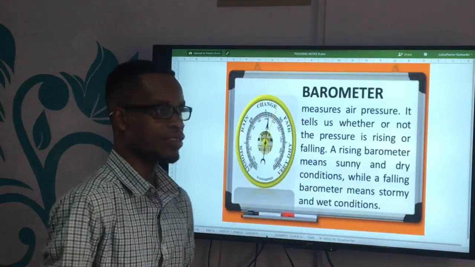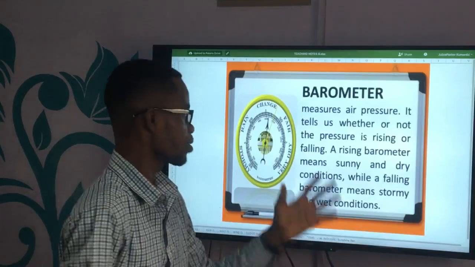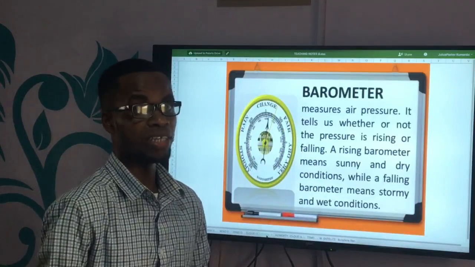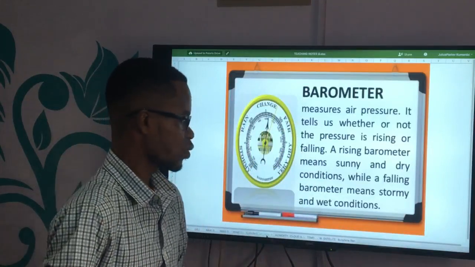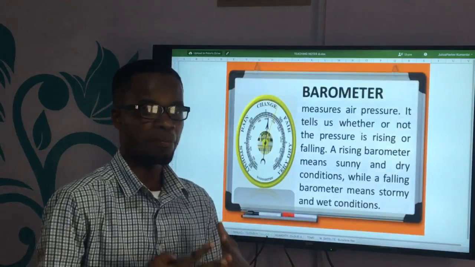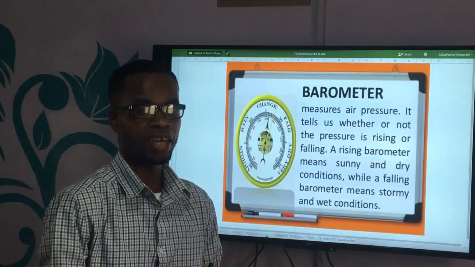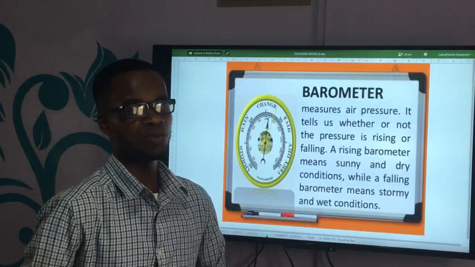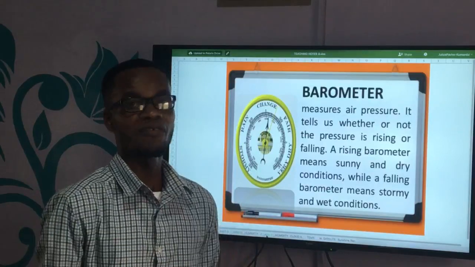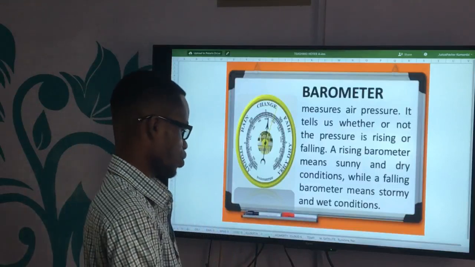And then if it is a rainy or wet weather condition, you find the needle reading up to that number, and they will record it. So that is the major function of the barometer. It is used to measure the pressure of air in the atmosphere, or in two words, atmospheric pressure. All right, so just take note of that.